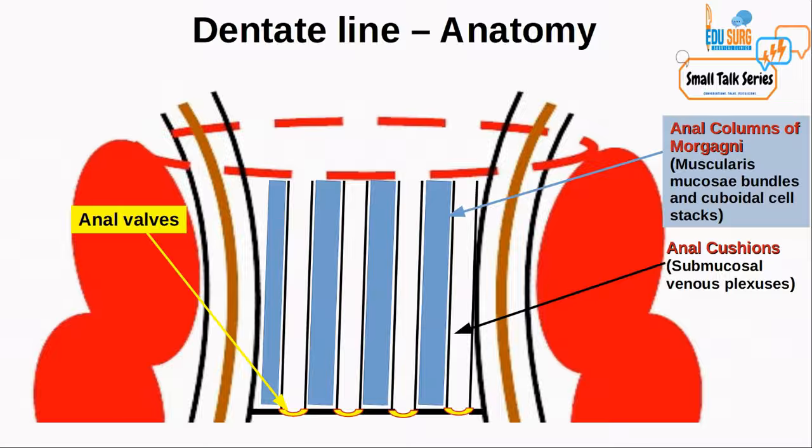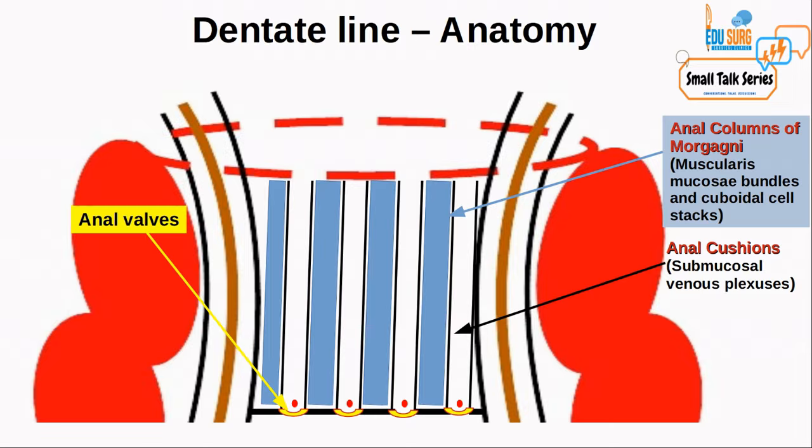Now connecting the lower end of the anal columns of Morgagni are the anal valves. And why are these valves important? Because these valves and the lower ends of the anal columns of Morgagni are what form the dentate line, right?